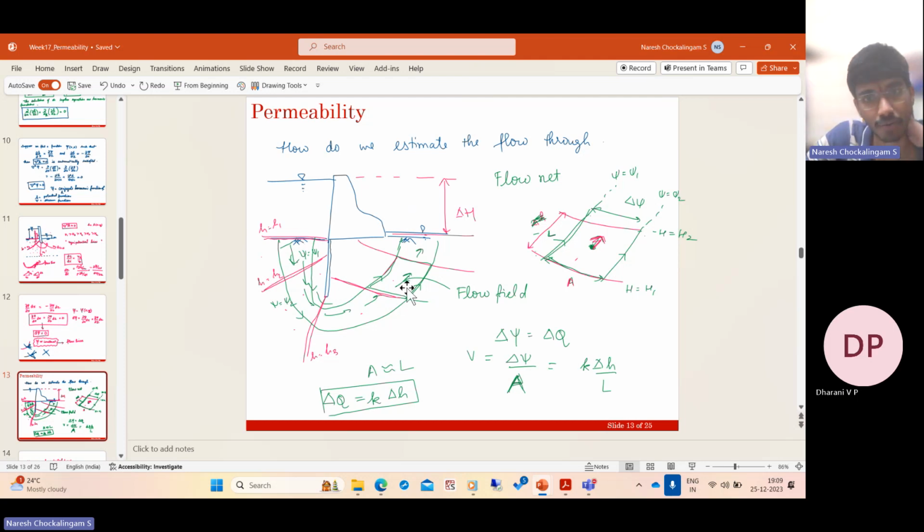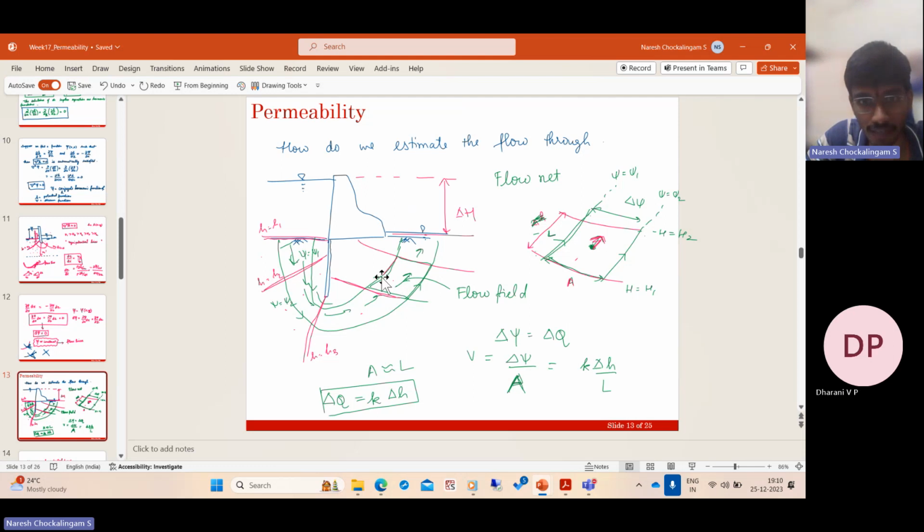The space between two flow lines, we call it a flow channel, and that carries some amount of flow. So it's like a series of pipes connecting this side to this side, and the space between two is some kind of discretization. So psi equal to constant corresponds to one flow line.